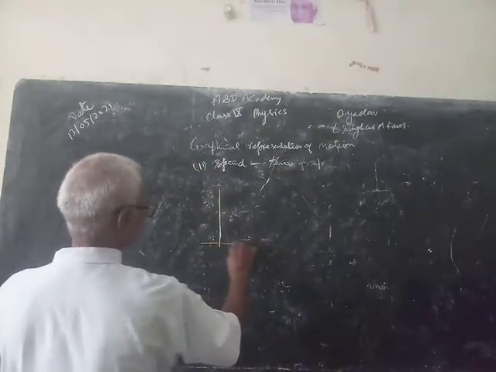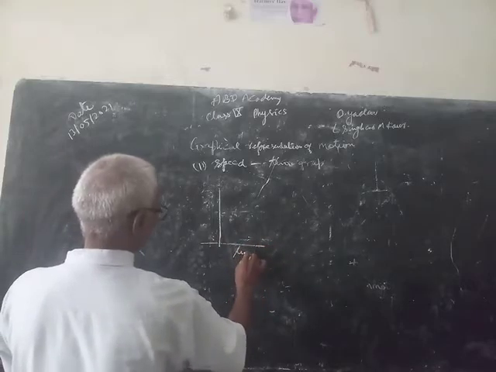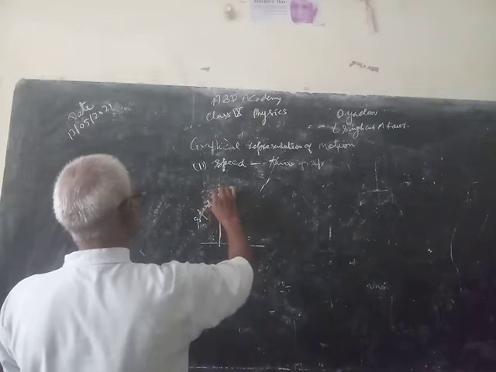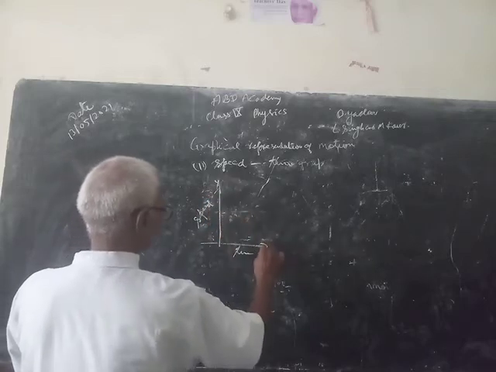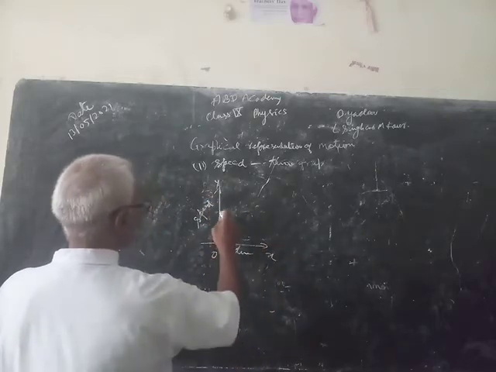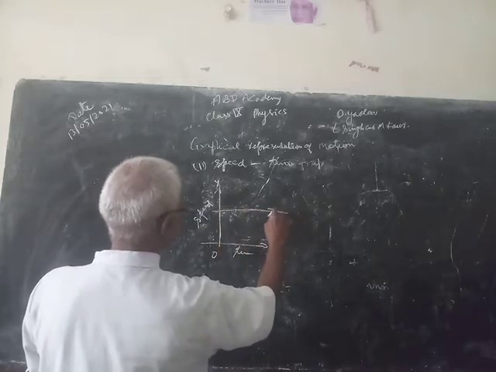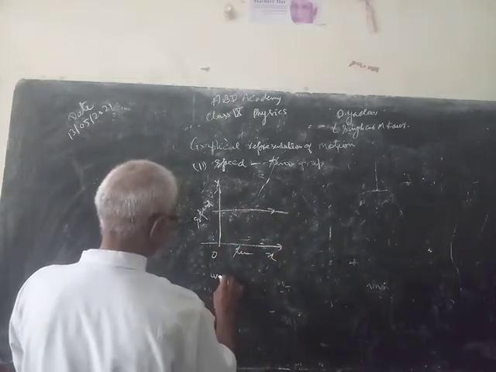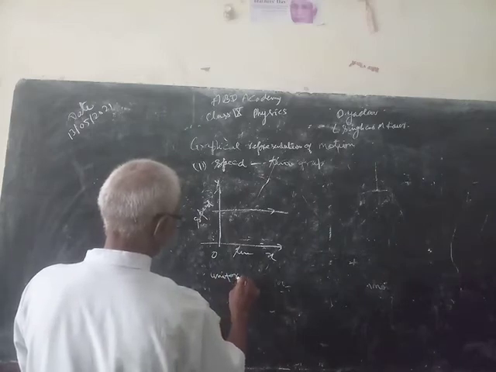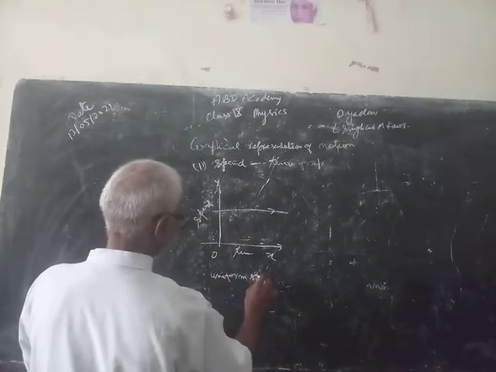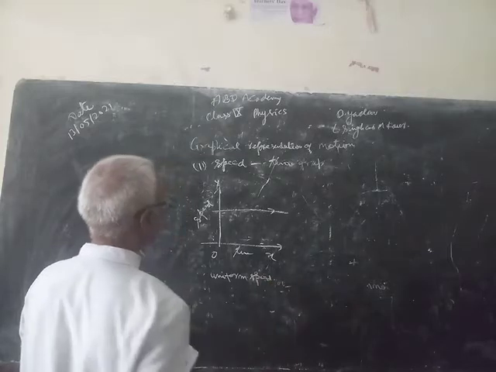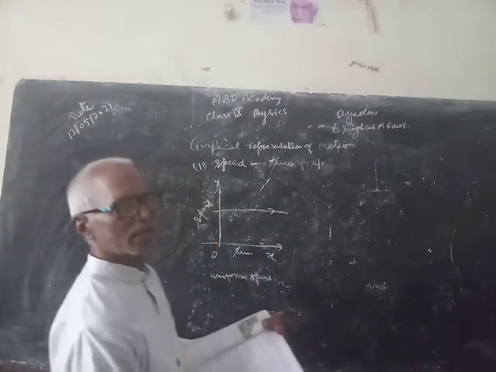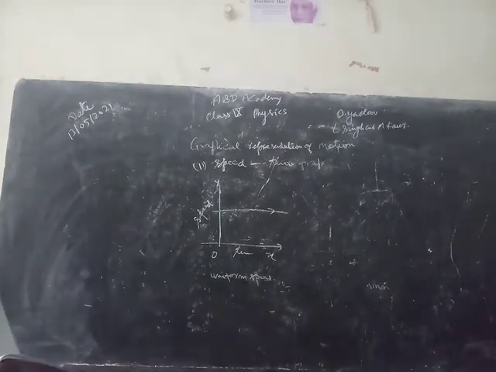Here is time on the x-axis; if speed is not increasing, then a straight line represents a uniform speed or uniform velocity, and the graph is parallel to the x-axis.